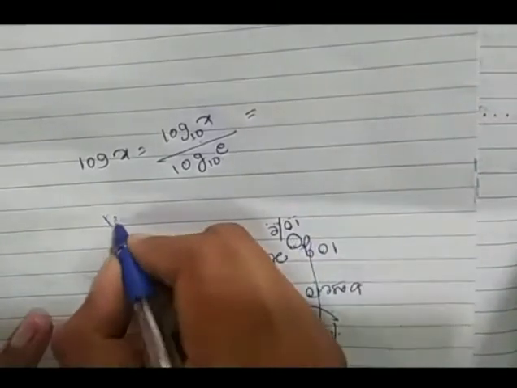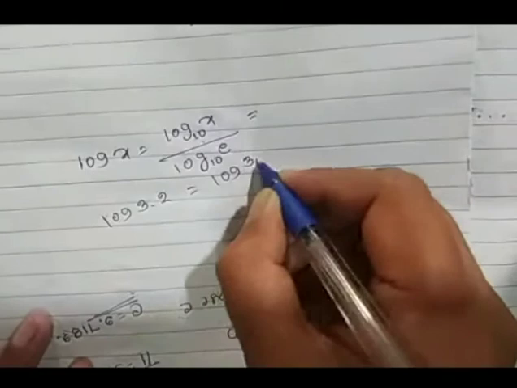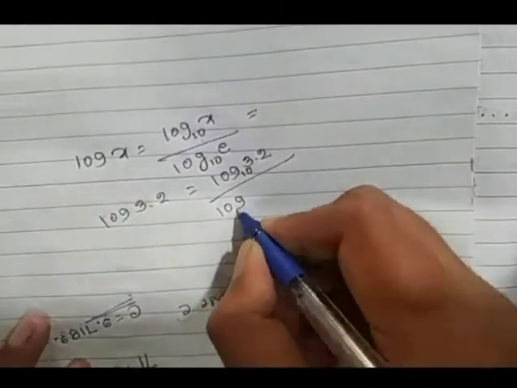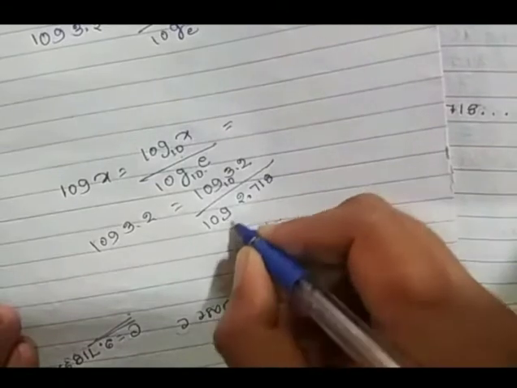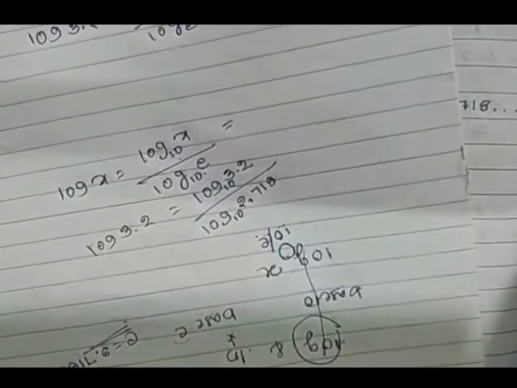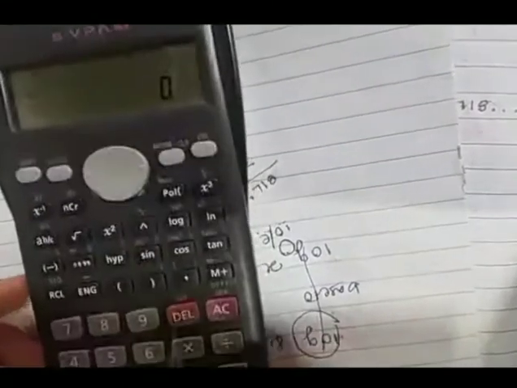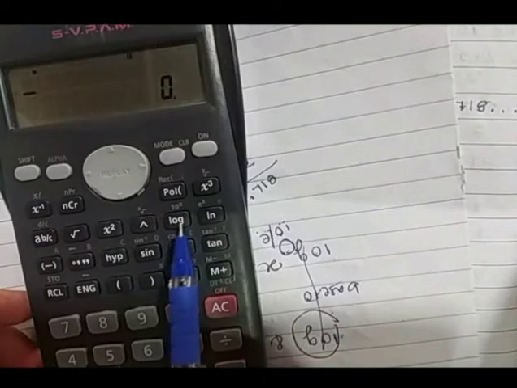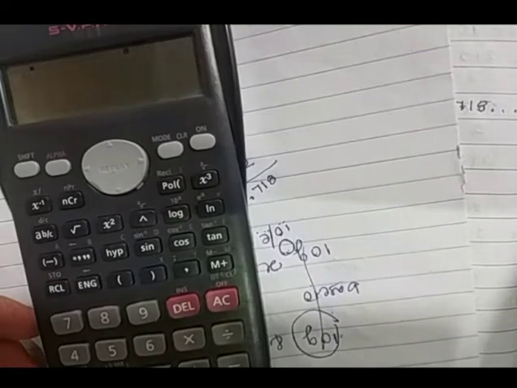Now, the x value we are replacing as 3.2. So this will be log 3.2 to the base 10, and here it is log of the e value, which I have already told, that is 2.718 to the base 10. Now, using the scientific calculator, we can simplify here. Log to the base 10, so we have to use this log button, log 3.2.